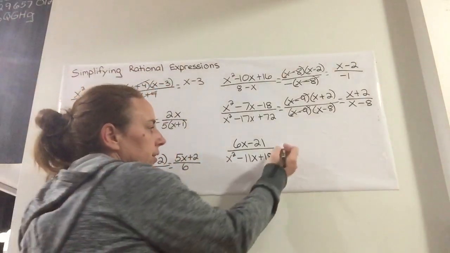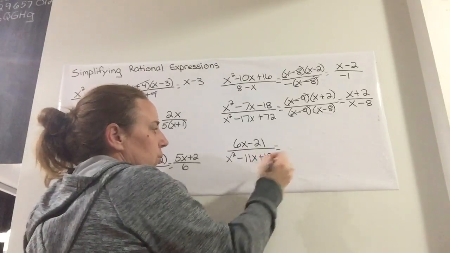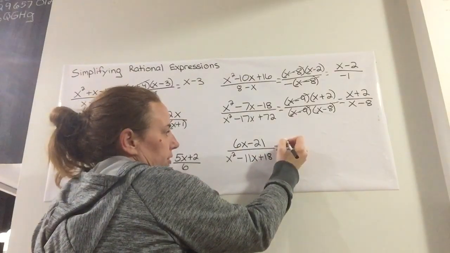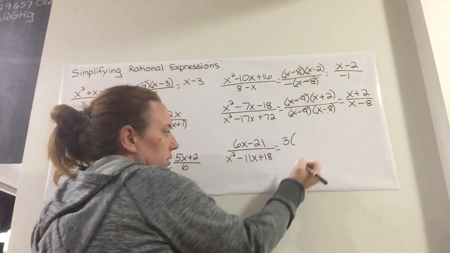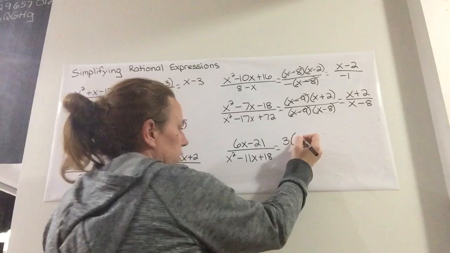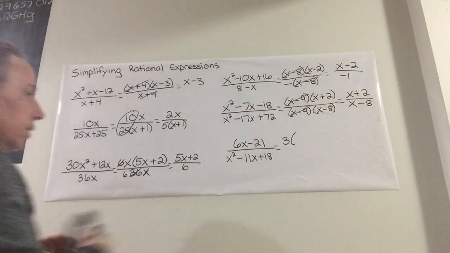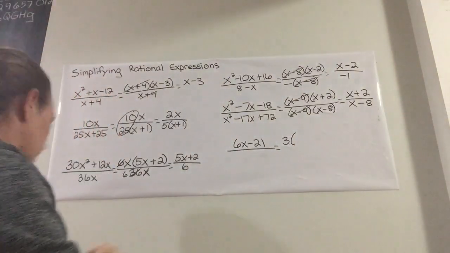Let's go down here. So 6x minus 21. So I'm going to factor out a 3. So I am left with... Did I write this one down right? No, I didn't. Hold on.